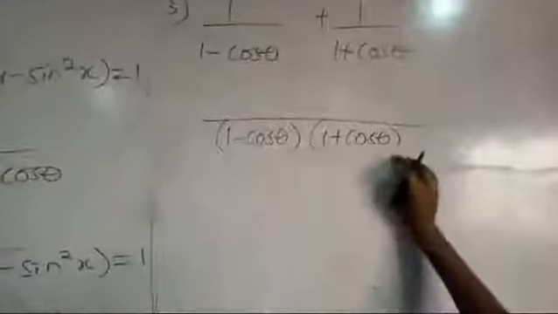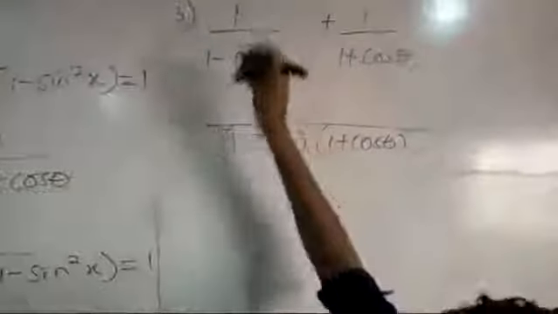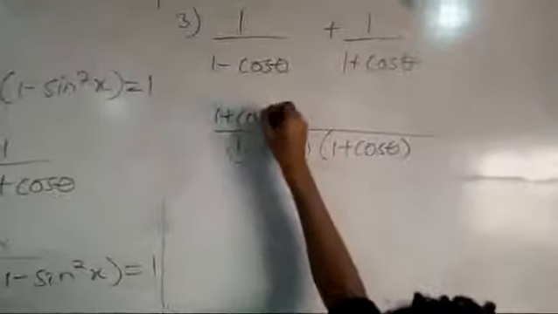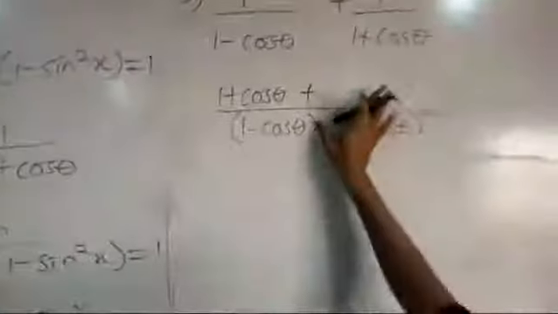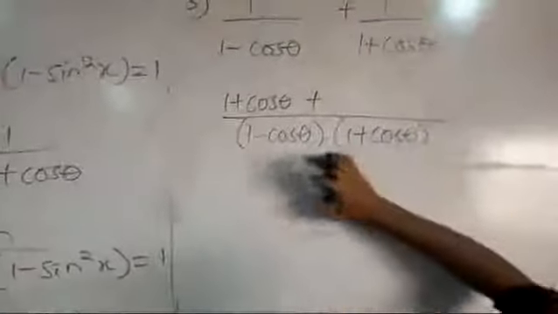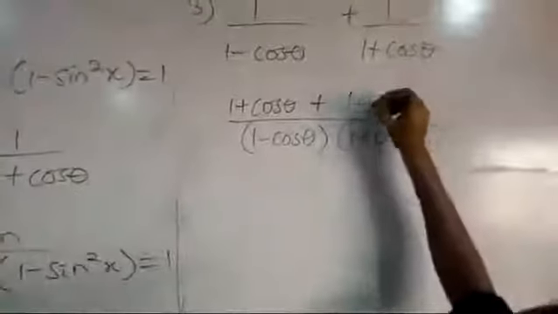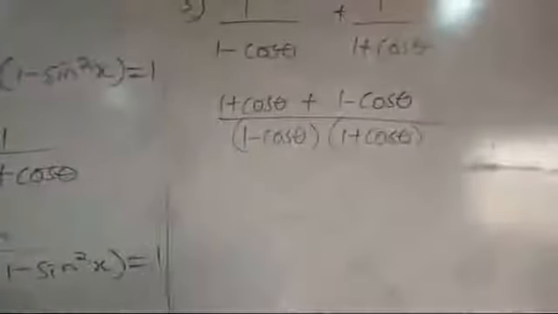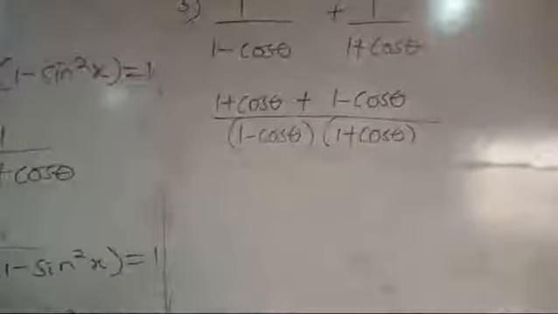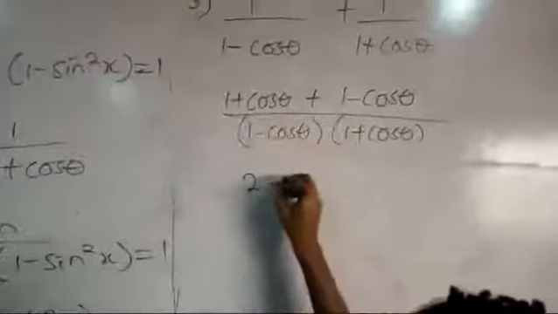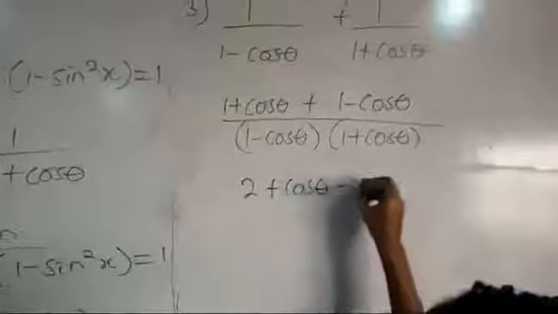What are you left with? 1 plus cos theta times 1, that will still give you 1 plus cos theta. Then this taking care of this part, this is left. This times 1 minus cos theta. What do you notice? You can see cos theta and minus cos theta. So let's bring it out. This is what, 2 plus cos theta minus cos theta.